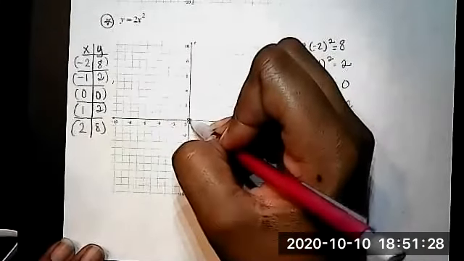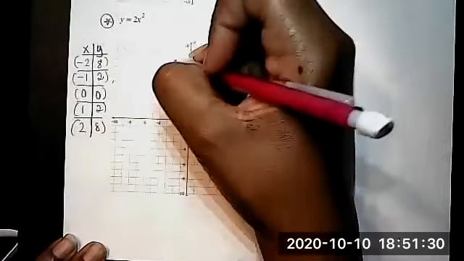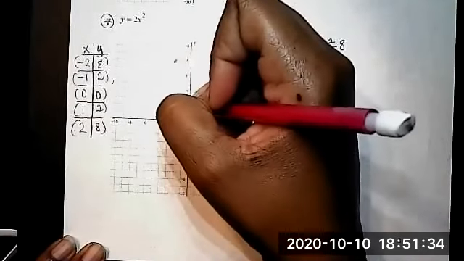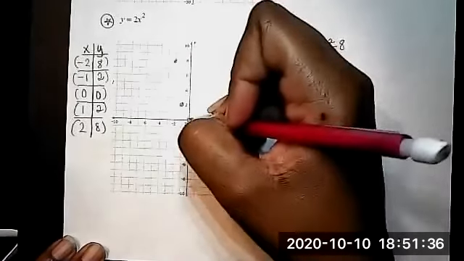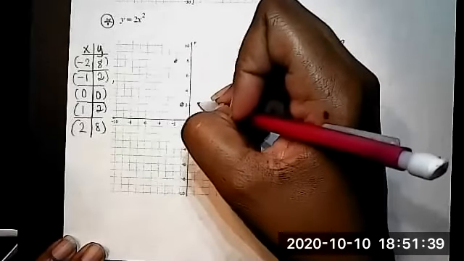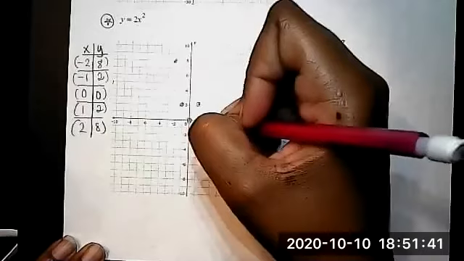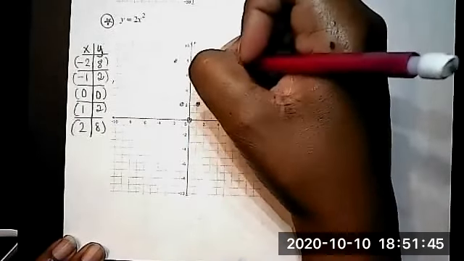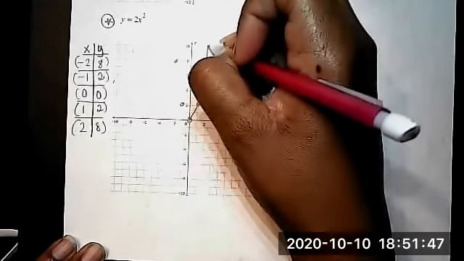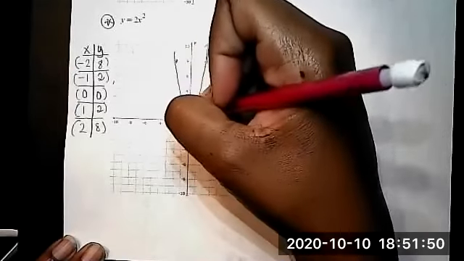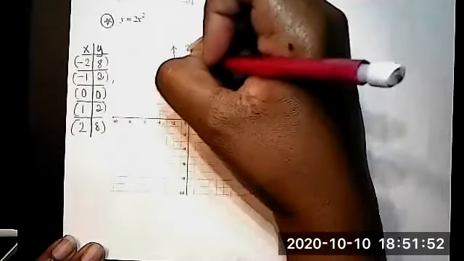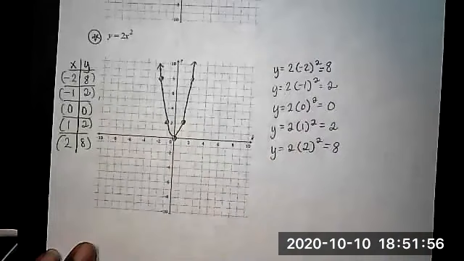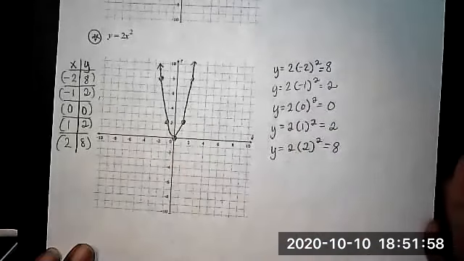So I'm going to go over to -2, +8 here, -1, +2, 0, 0, +1, 2, and +2, +8 here. There you go. And this is what our parabola is going to look like when we graph it. Okay, good. And our vertex is 0, 0.